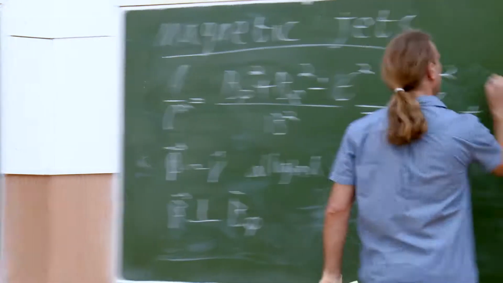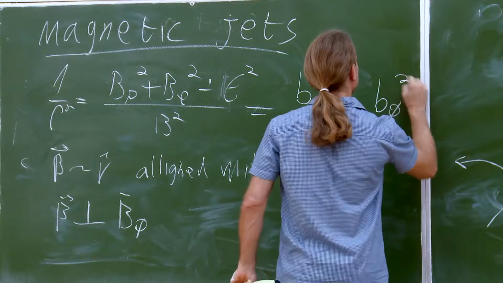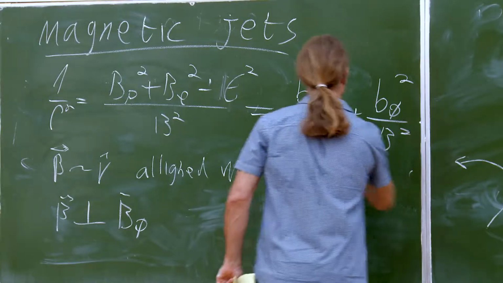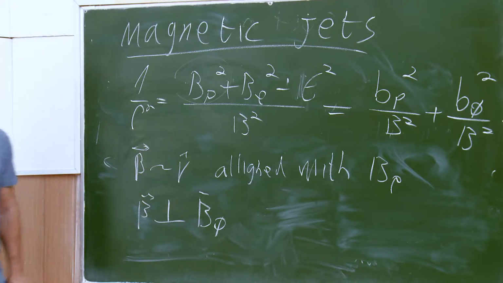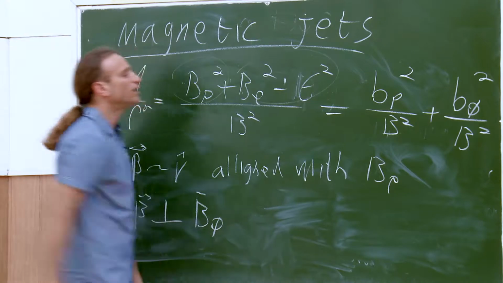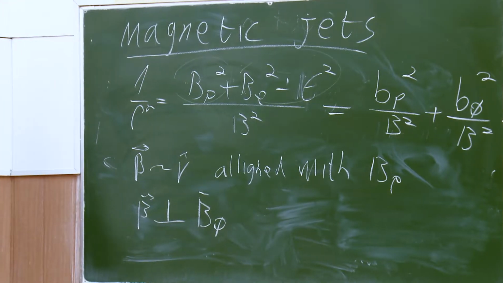So this is roughly B phi square divided by B square. This is roughly the poloidal magnetic field in the rest frame, and this is roughly the toroidal field in the rest frame.